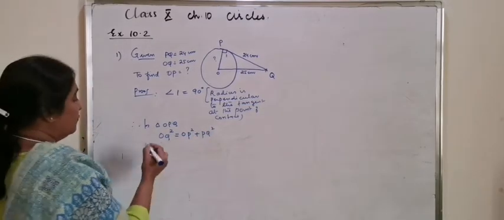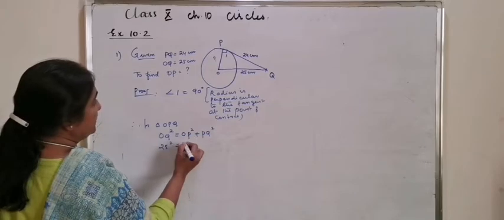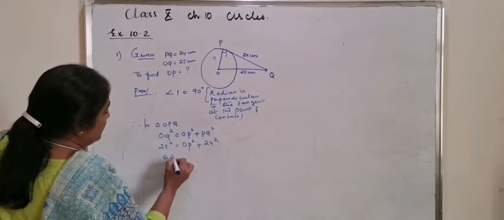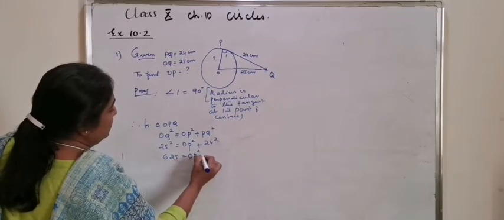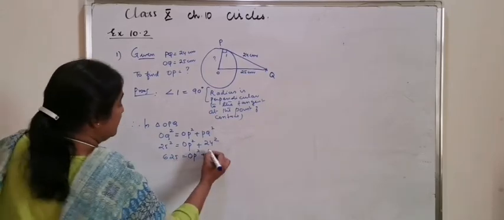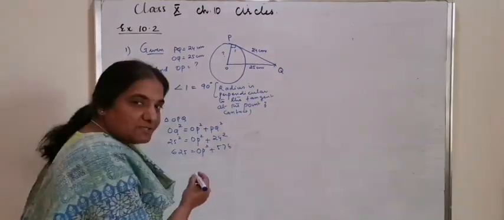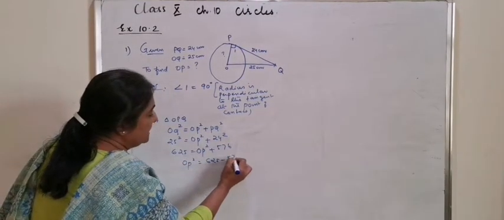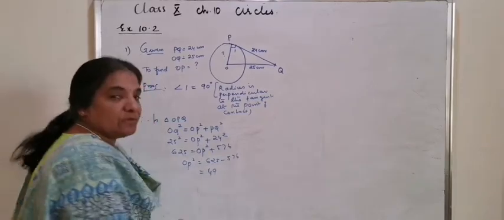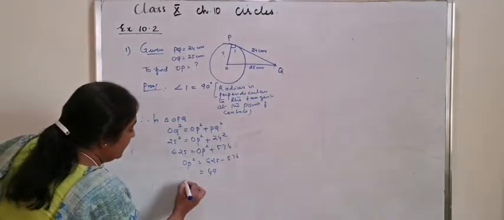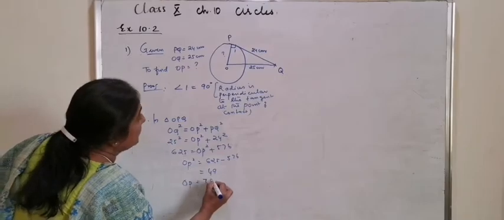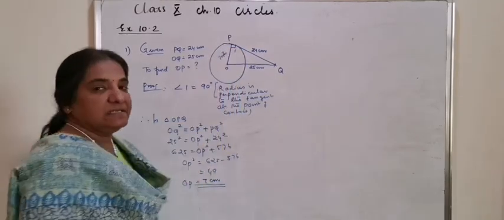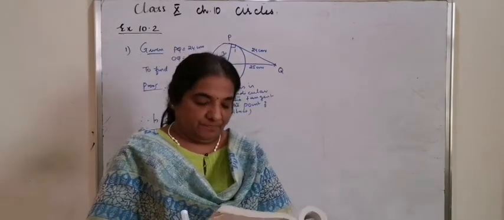The length of OQ is 25, so 25 square is equal to OP square plus 24 square. 625 is equal to OP square plus 576. That is, OP square is equal to 625 minus 576, which is equal to 49, so the length of OP is equal to 7 centimeters. The radius of the circle is 7 centimeters.